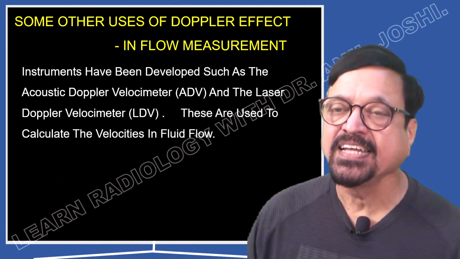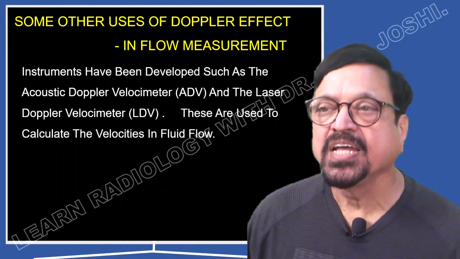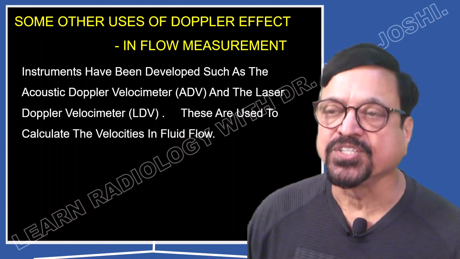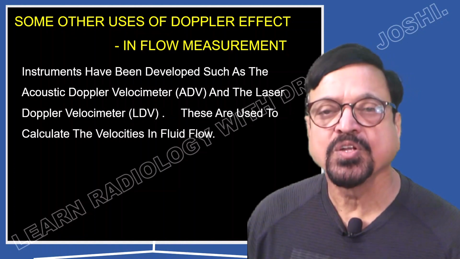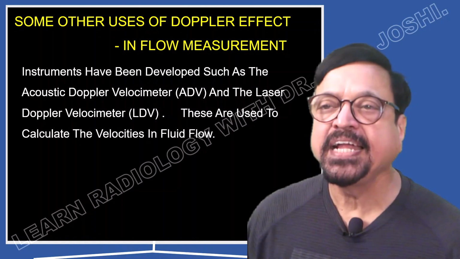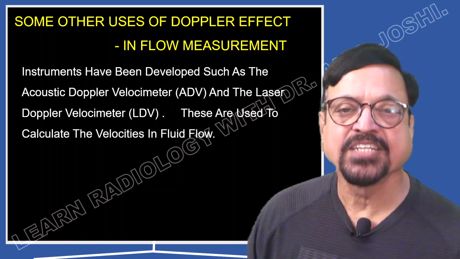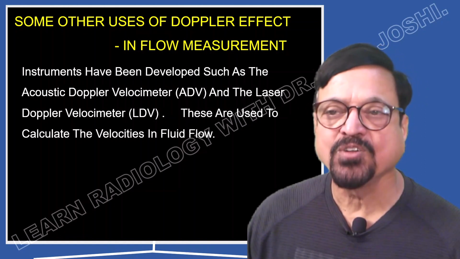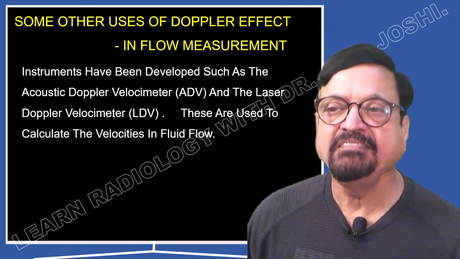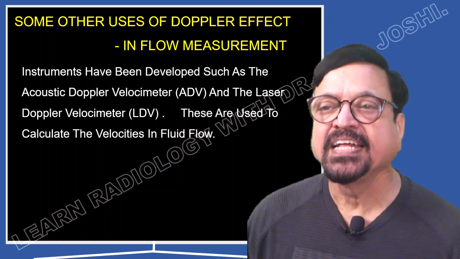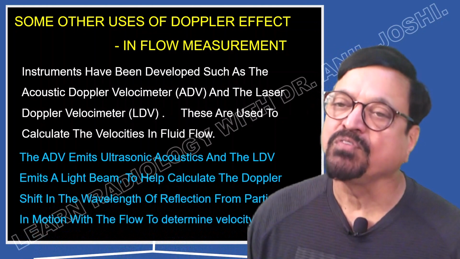Now, where else can they be used? In flow meters. They can be used to measure flows. Instruments have been developed such as the acoustic Doppler velocimeter, called ADV, and the laser Doppler velocimeter, LDV. These are used to calculate velocities in fluid flow.